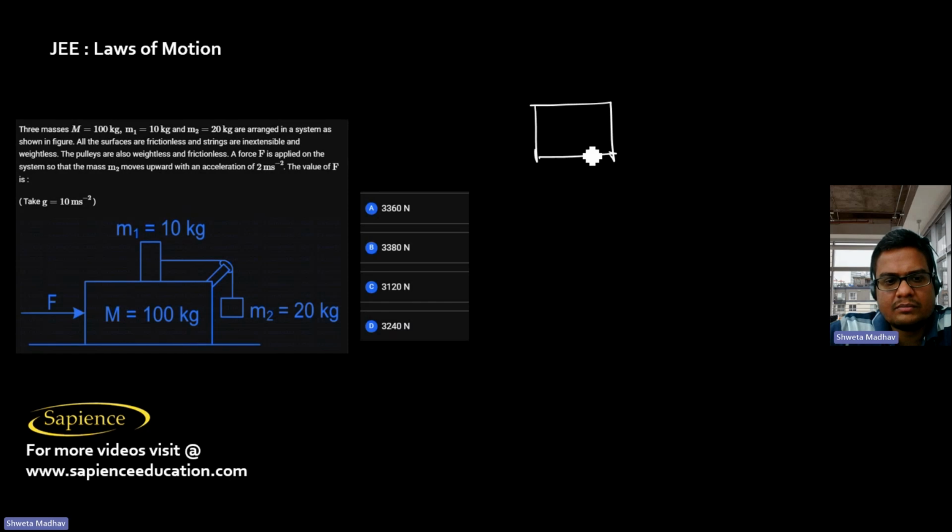So if we draw the free body diagram of the mass M, then on it two tension forces are acting, T and P, like this, and then the normal reaction is acting downwards, which is equal to M1g, and here force F is acting, and Mg is acting.